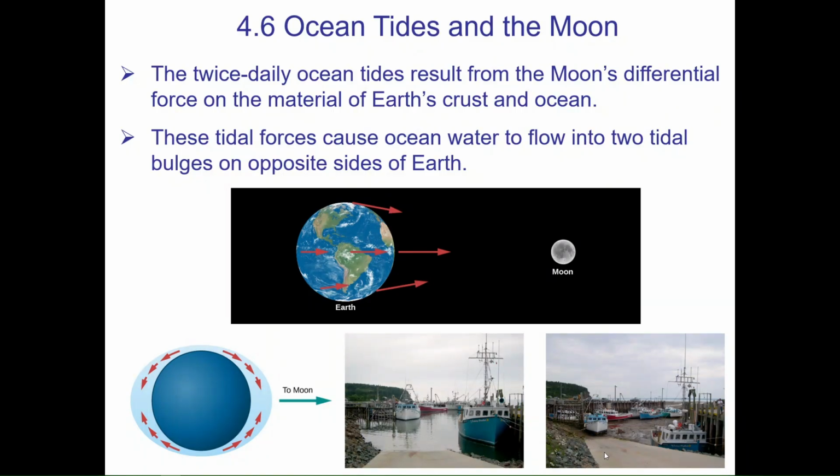This is especially useful if you are going to sail a boat, because definitely you want to, for example, in this picture, sail the boat at high tide, because during low tide, there's almost no water at all. There's no way you can start the boat.